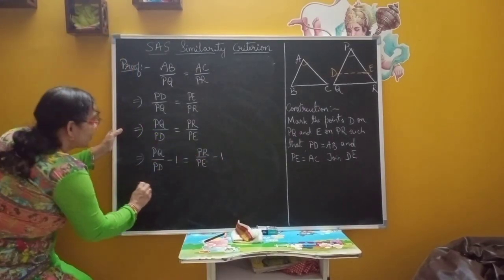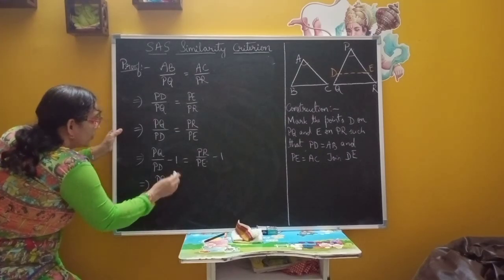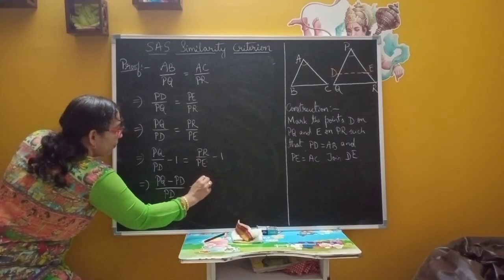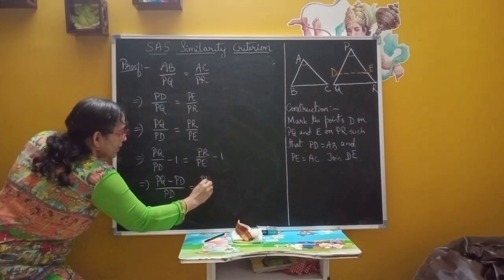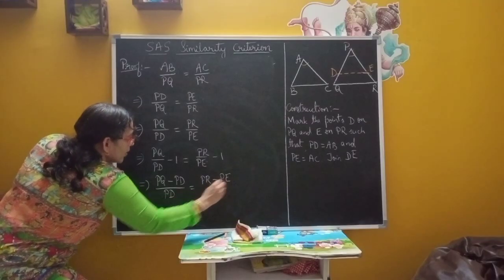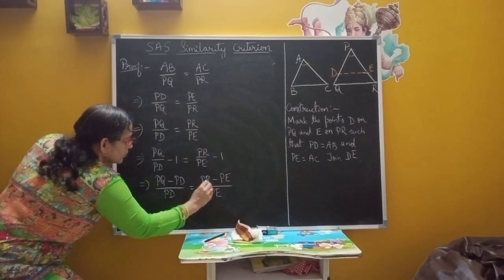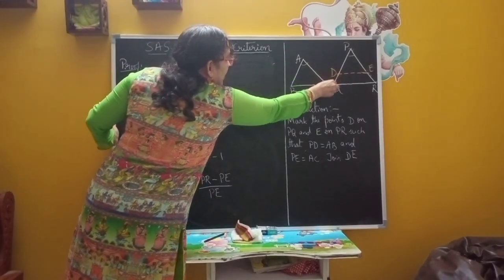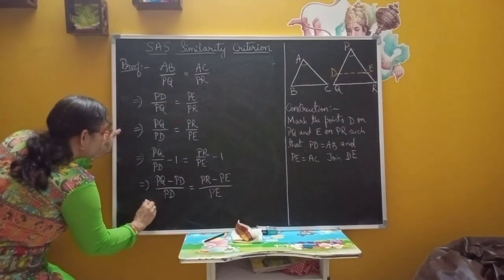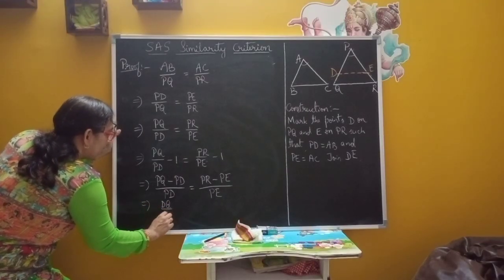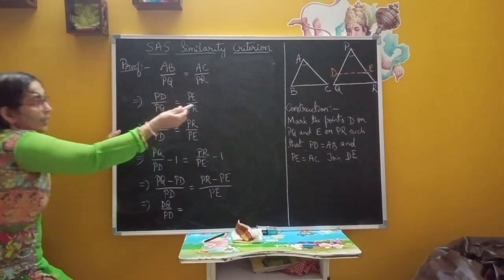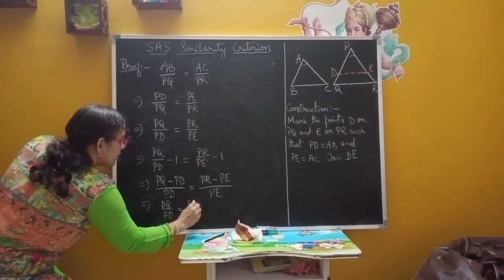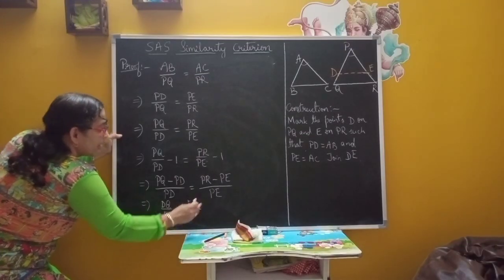So we can write this as PQ minus PD by PD is equal to PR minus PE by PE. PQ minus PD is DQ, so this is DQ by PD is equal to PR minus PE, which is ER, by PE.